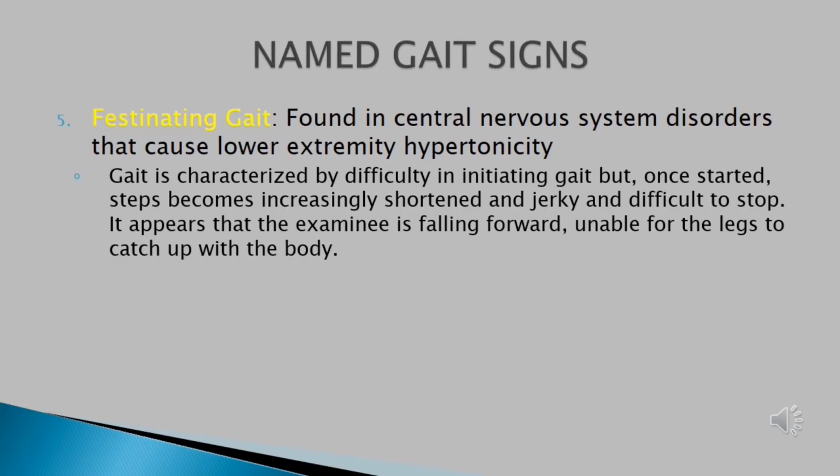You know, they will take one hesitating step and then take another hesitating step and then another and another, and all of a sudden they're almost running, and then they come to a quick stop as they catch their balance and get their legs back under them again, and then the cycle repeats. And this is the same type of gait that we see with the festinating gait.